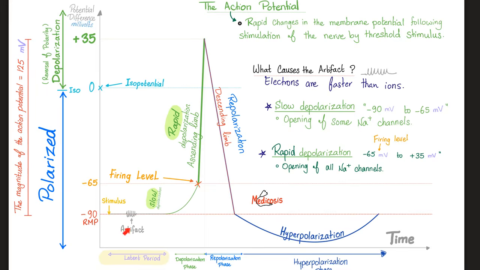After you give a stimulus, there is an artifact here. What's the cause of this artifact? Remember, we have two different types of electricity. We have one type caused by electrons and another type caused by ions. You give one from a battery, from an outside source. This is electron. This is so fast. So even before the nerve starts to respond, you get the artifact because this is electrons.